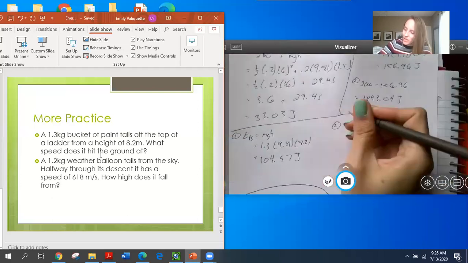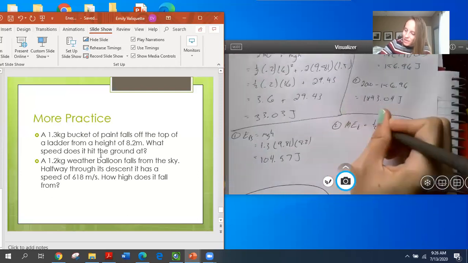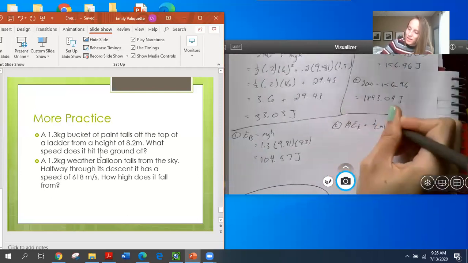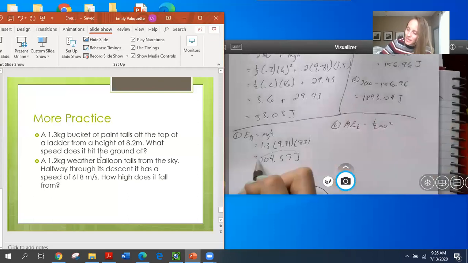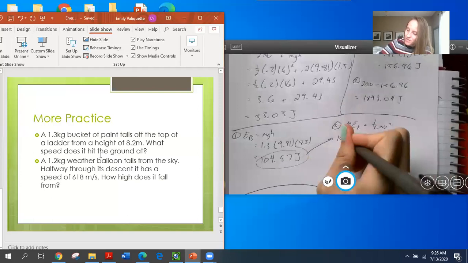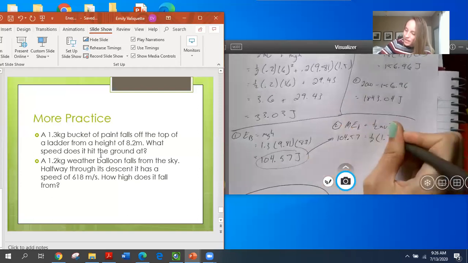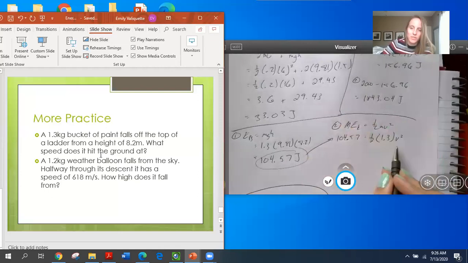So my next step is going to be to use my MEK equals half mv squared formula, plug this in where my MEK is, plug in my mass of 1.3, and I'm going to be solving for speed.